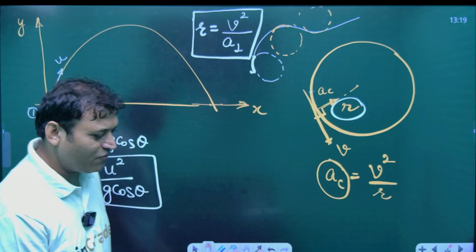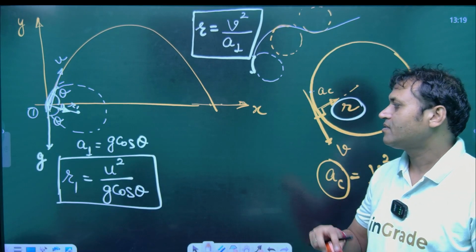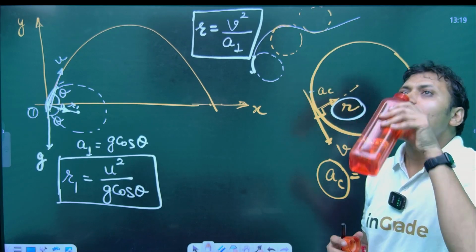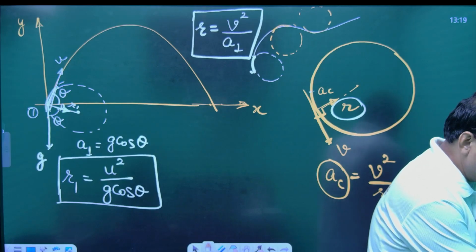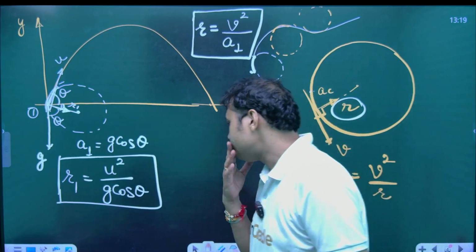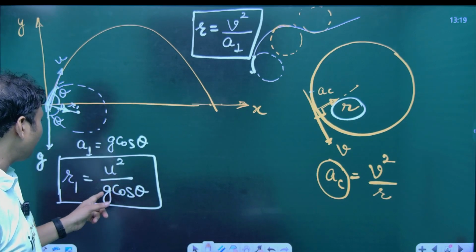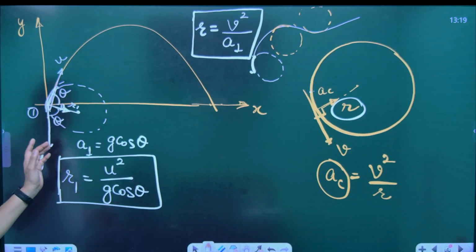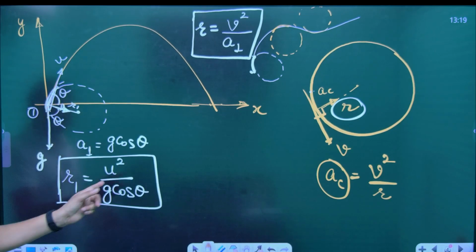The radius of curvature of the particle's motion at the initial position will be given by this.